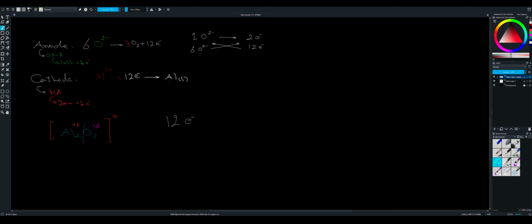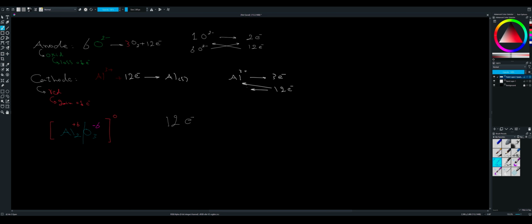Now, is this balanced? No. Why not? Simply because if we take a look at aluminum, one aluminum cation can actually gain 3 electrons, and we here have 12 electrons. So how many aluminum cations do we need?